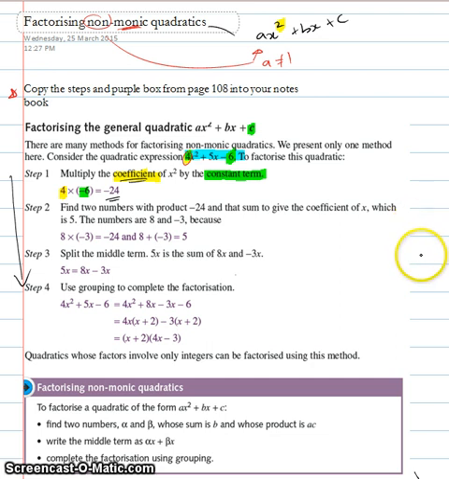Step 2, find two numbers with a product of negative 24. Product means multiplication. And their sum. Sum means addition. So for instance, the sum of 2 and 3 is 5. So find the two numbers with the product of negative 24 and that sum to give the coefficient of x. So what's the coefficient of x? It is the number in front of x.